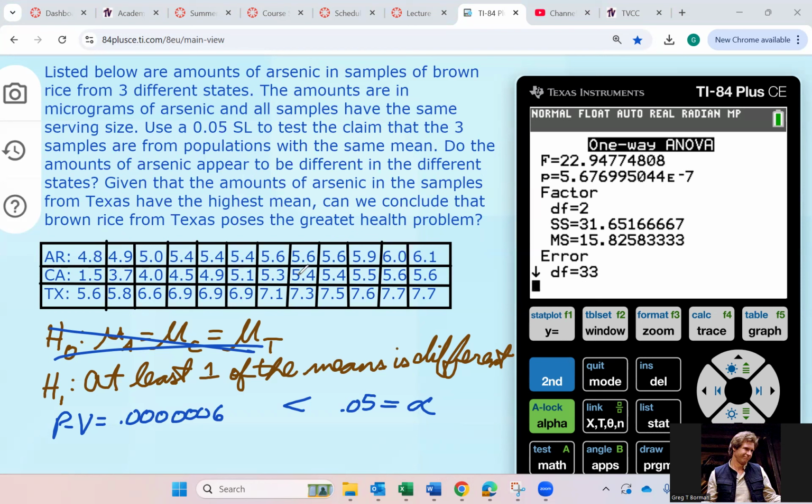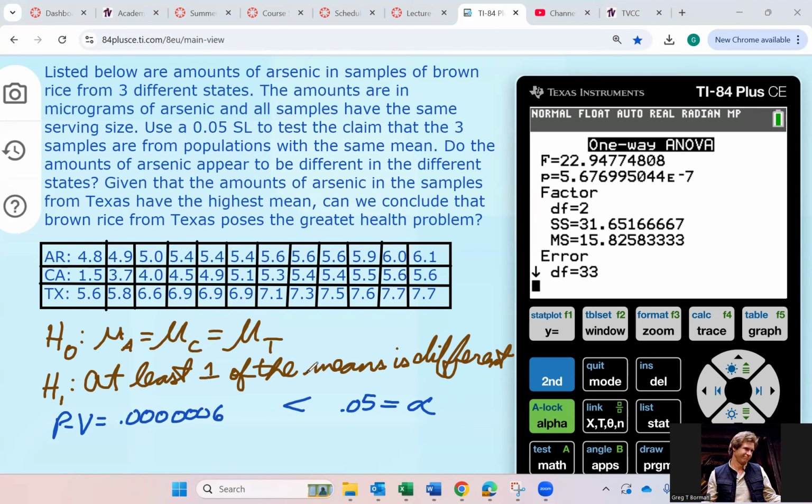Remember when I was explaining what the alternative hypothesis means, it means that maybe these are the same and this is different. Or these are the same and this is different. Or these are the same, this is different. Or they're just all different from each other.